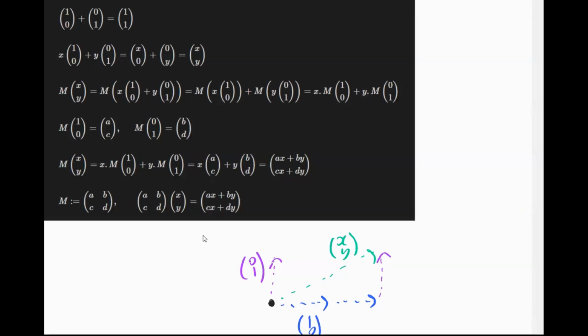And then we have these two key features of what happens when we apply our linear map M to vectors. One of them is that when we apply M to these two vectors added together, the result is just what we get if we apply M to the first vector added to what we get if we apply M to the second vector.